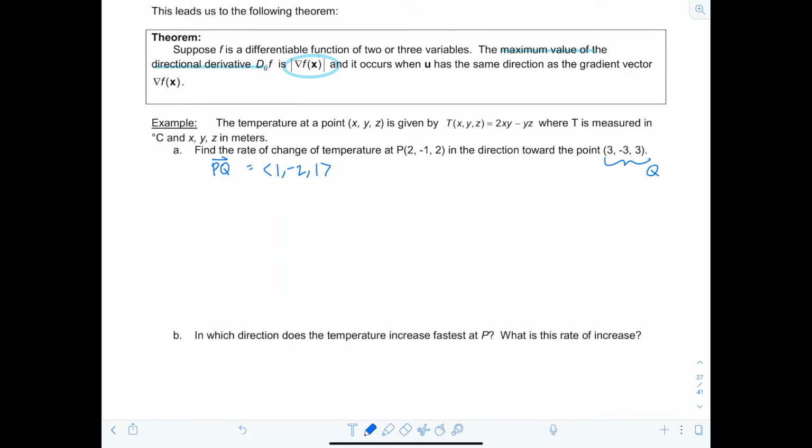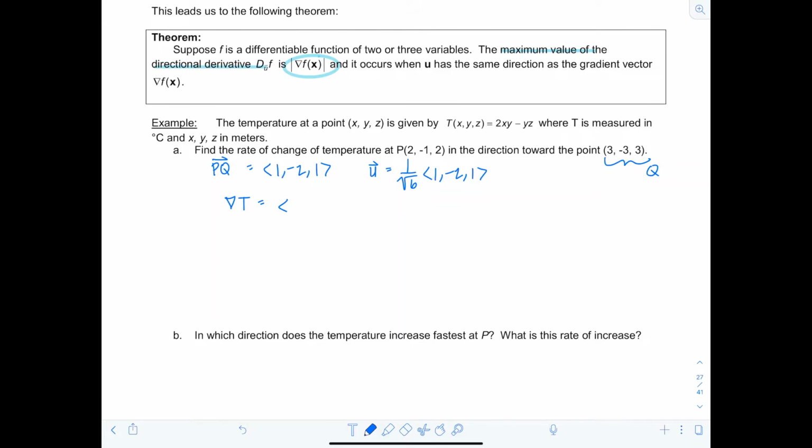All right, first thing, what do I need to do with this guy? That's right, we've got to make it a unit vector. Its magnitude is rad 6. So my unit vector u is going to be 1 over rad 6 times (1, -2, 1). Very nice. Okay, next I need the gradient. Gradient of T, remember, that's the vector of your partial derivatives.